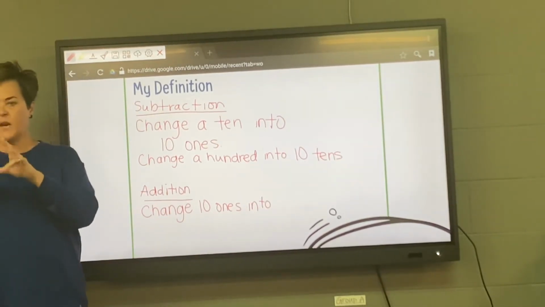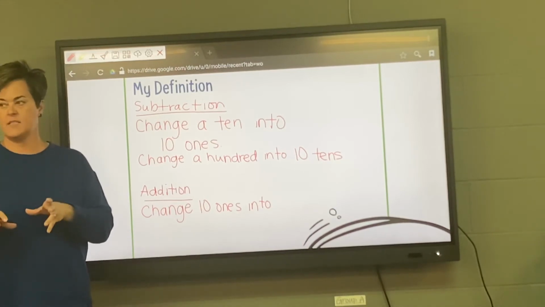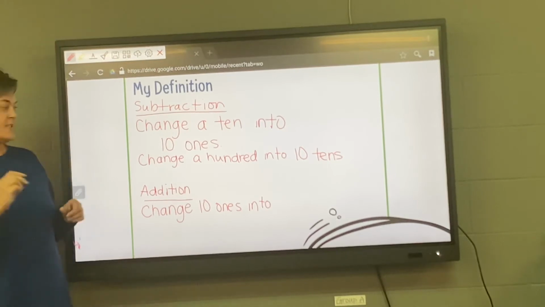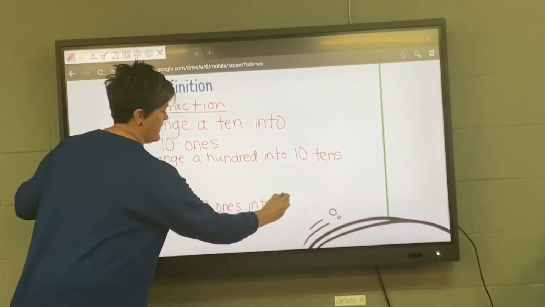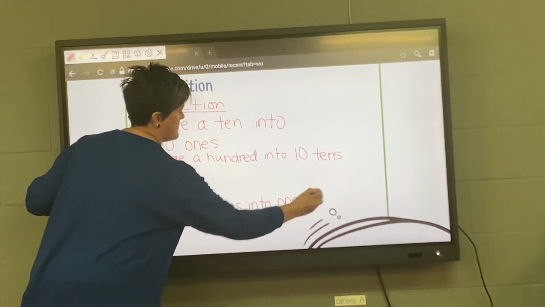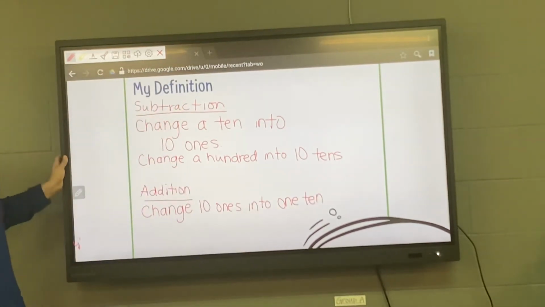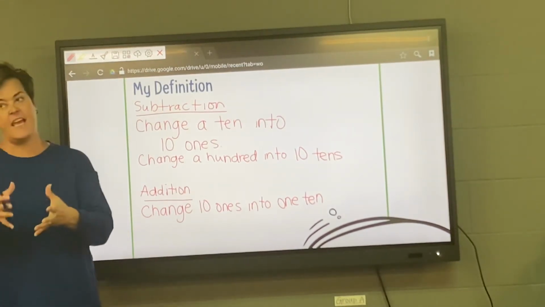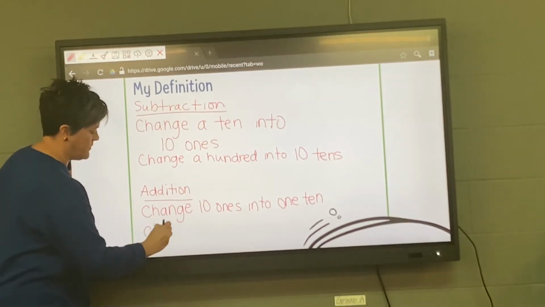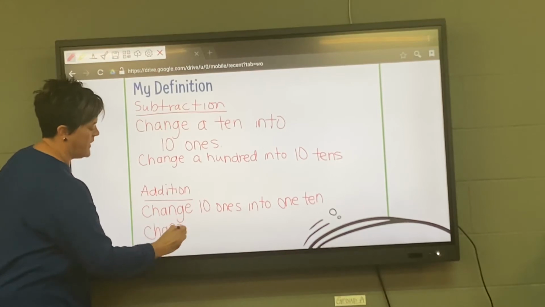If you have 10 ones, the little ones, you would change it into 1 ten. What if you have 10 tens? What can 10 tens change into? 100. Into 100.